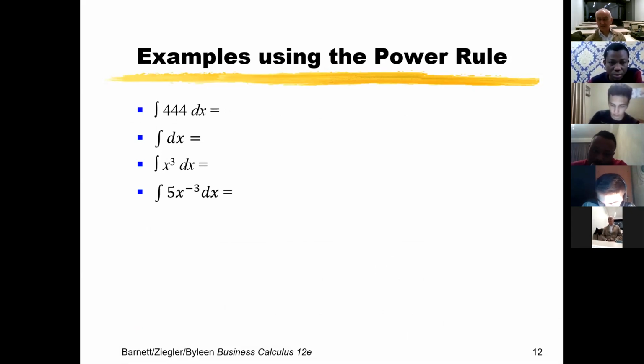What do you think about the first one? No, first let's answer the second question. Integral of dx. It means that here we have 1.